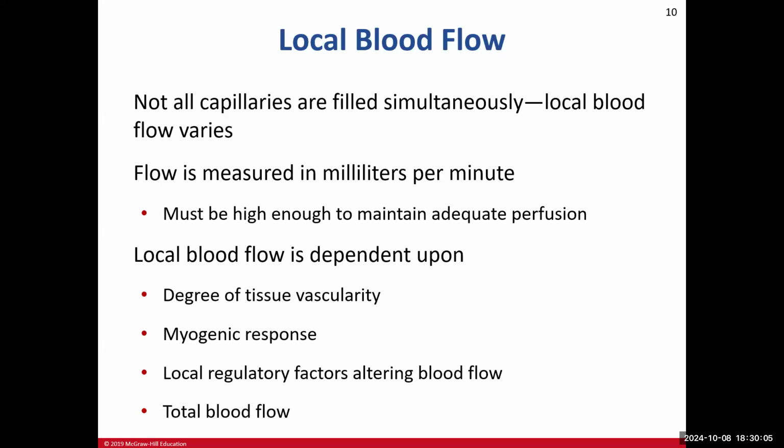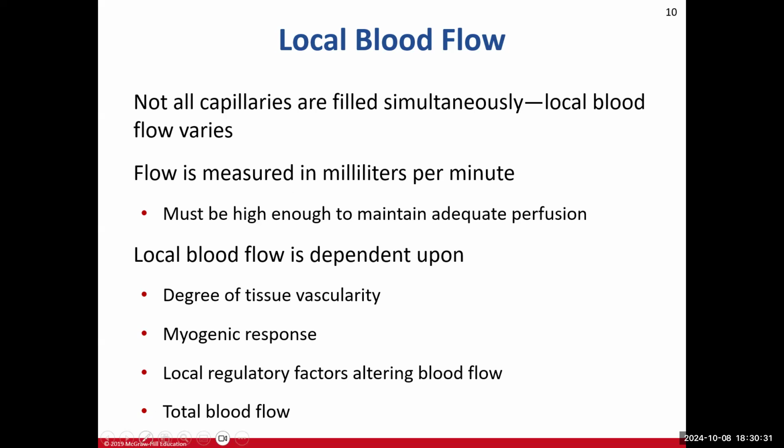Other tissues might not. When you're sleeping tonight, your skeletal muscles don't need a lot of blood flow. The blood is going somewhere else, and so those capillaries will not have the normal amount of blood flow they would have when you're exercising. So keep that in mind: not all the capillaries are going to be filled simultaneously.